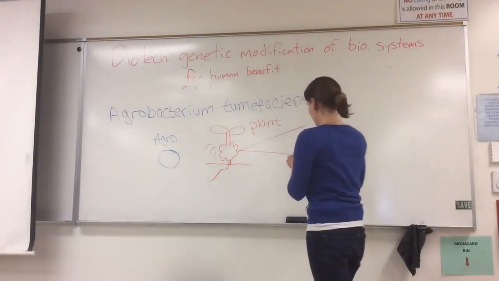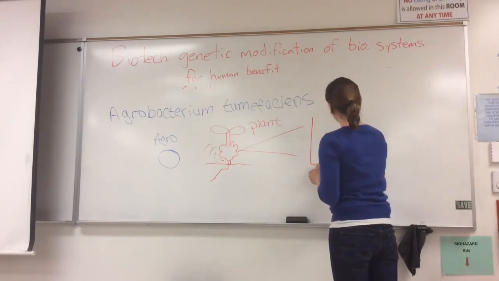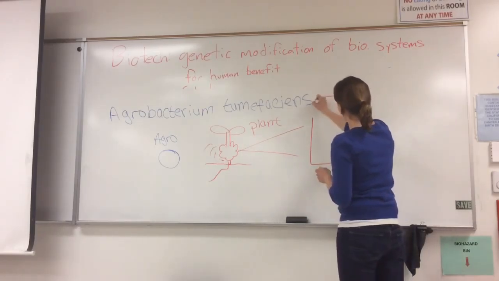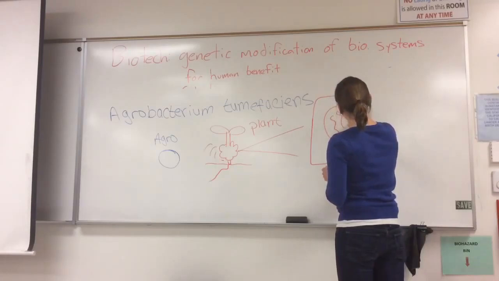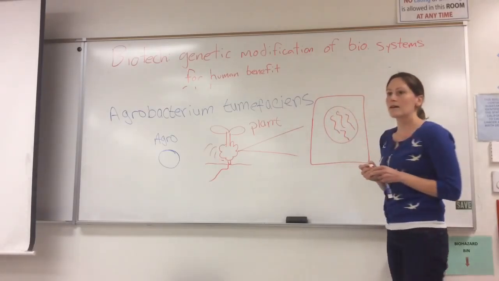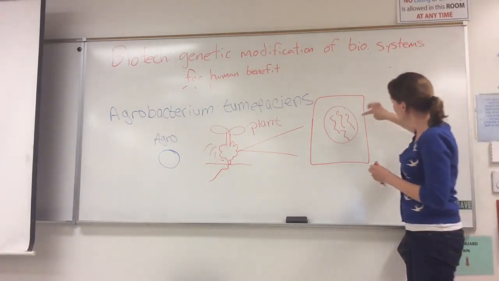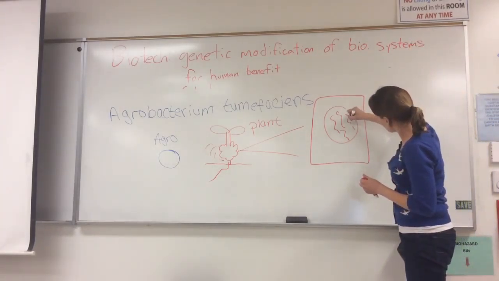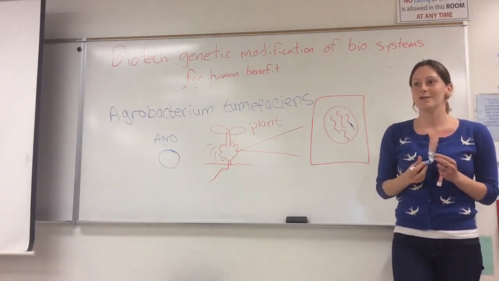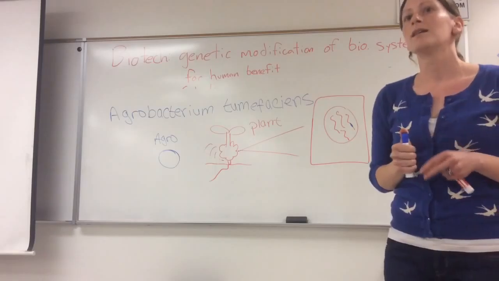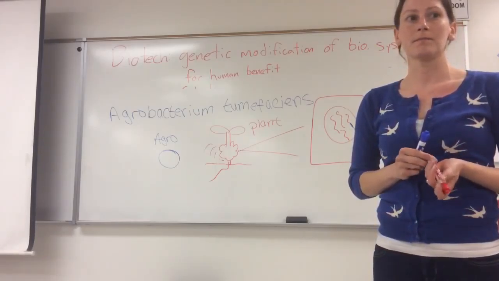So here's our plant cell, and the chromosomes of the plant cell in the nucleus, and what they found integrated into the genome of the plants is some of the DNA from that agrobacterium.